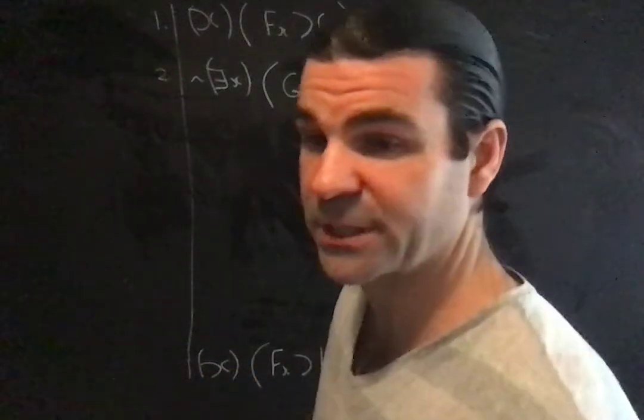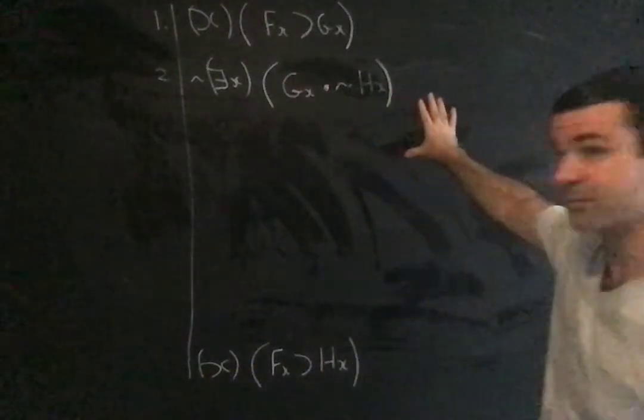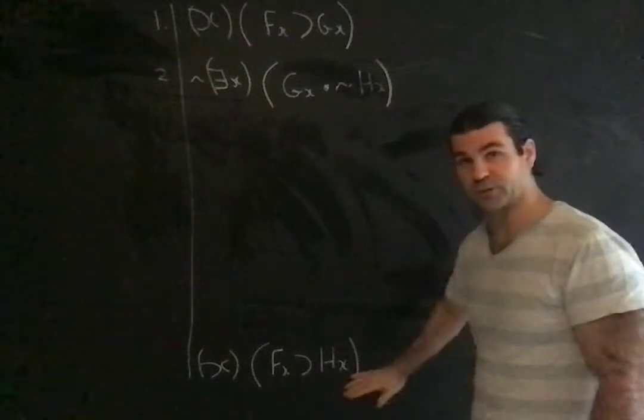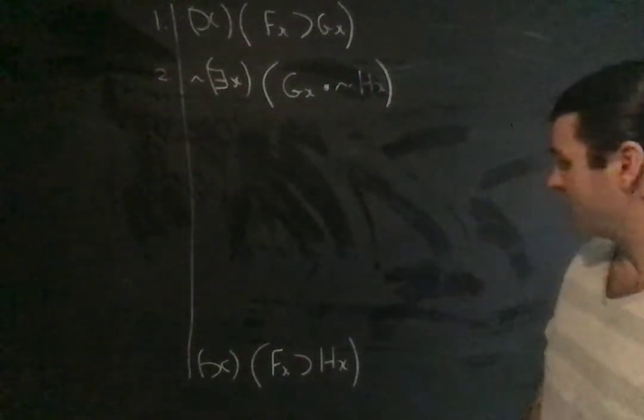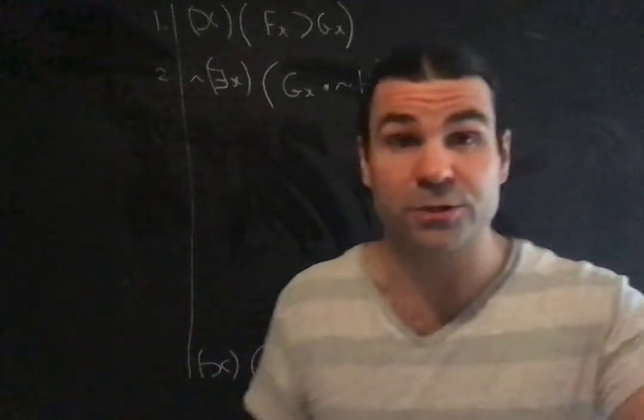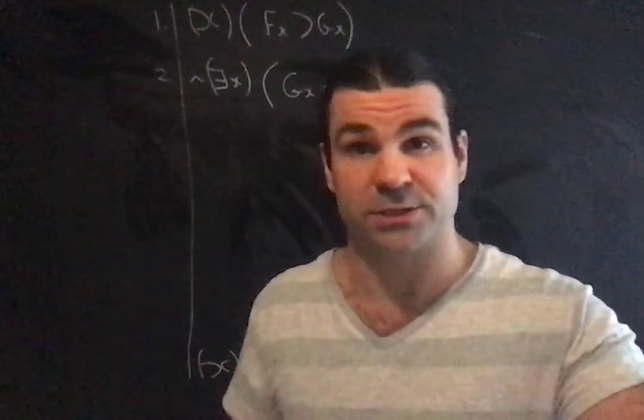This is question 17. All right, so I've got my 2 premises at the top, conclusion at the bottom, as always. Take note of the kind of question it is.